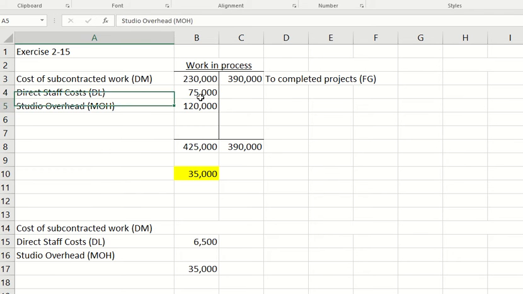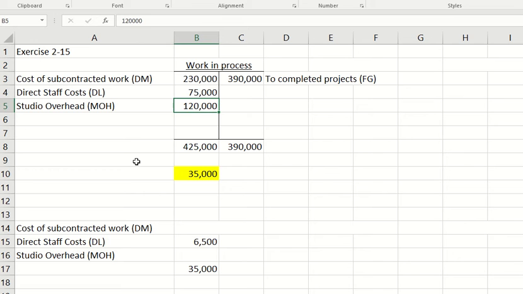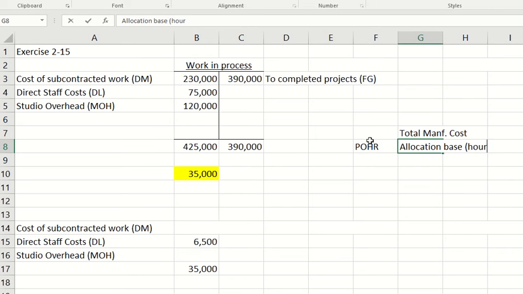I can see the total cost of manufacturing overhead over here was $120,000. So predetermined overhead rate equals total manufacturing cost divided by an allocation base, which could be hours. It could also be dollars of direct labor that they spend. Over here, all I have is direct labor dollars.